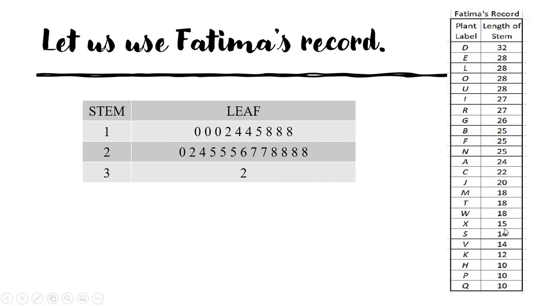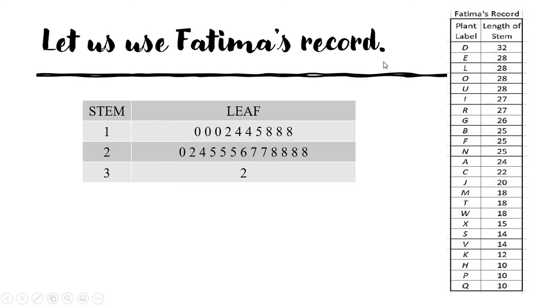Diba? So, for next, we have isang 12, kaya may 2. Dalawang 14, kaya dalawa yung 4. Isang 15, kaya may isang 5. And tatlong 18, kaya may tatlong 8. Tandaan, yung leading digit ay yung stem at yung trailing digits ay yung leaf. Diba?